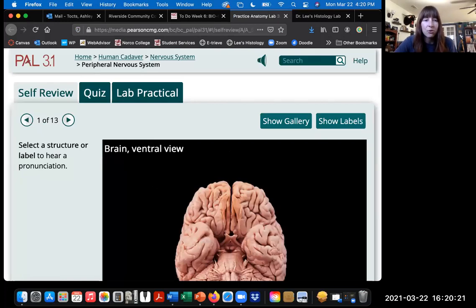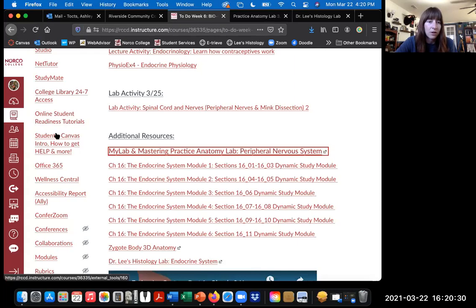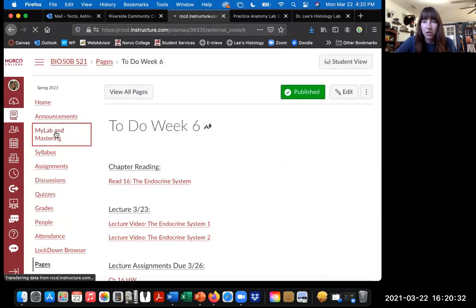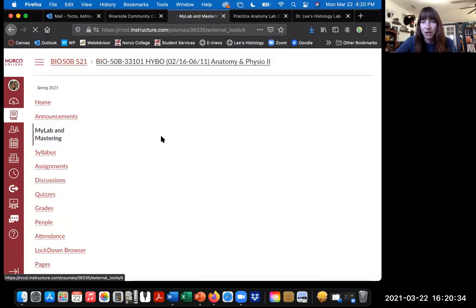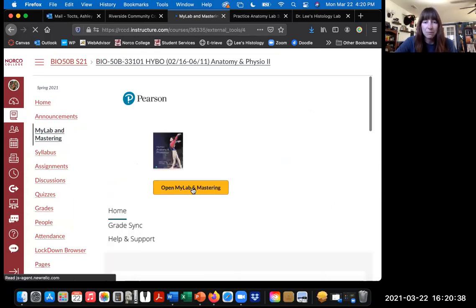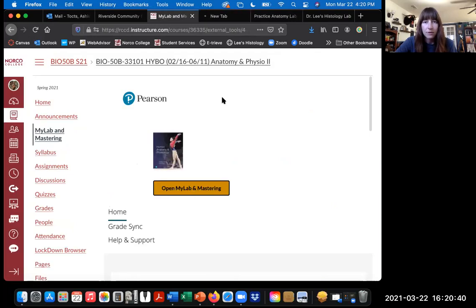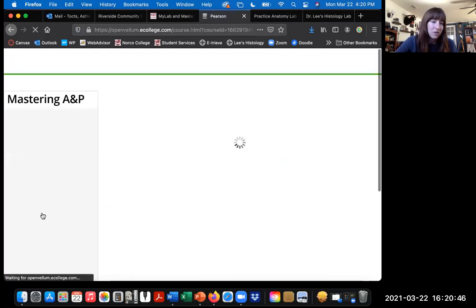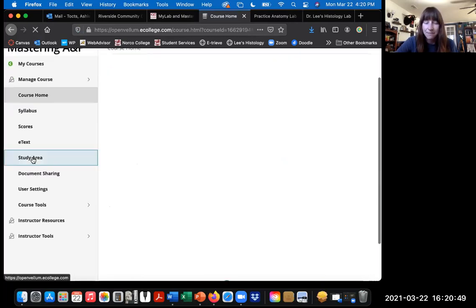There are a few different things going on here with PAL 3.1. So actually, if I go to my lab in mastering, I want to show you where this is at because this is really important and I think it'll be very useful for you. If you go into my lab in mastering, on the left-hand side, you will see the study area.